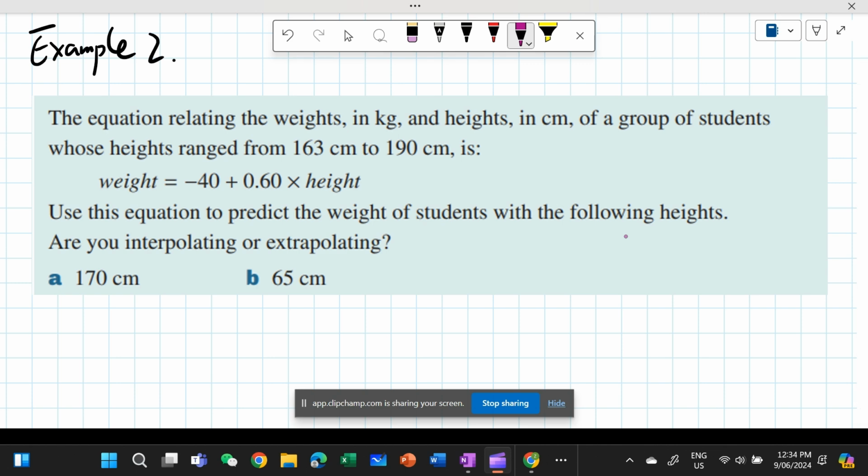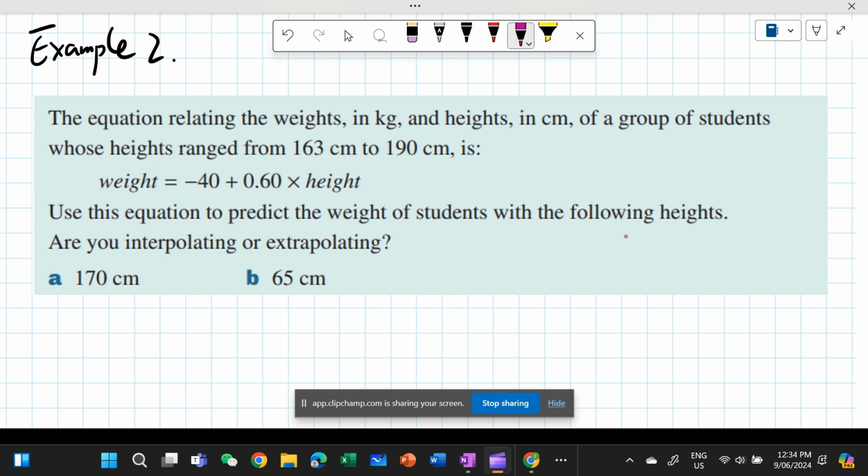This is about the weights in kilograms and heights in centimeters for a group of students from 163 to 190. The equation predicts the weights of the students from their height. So we just substitute 170 first.